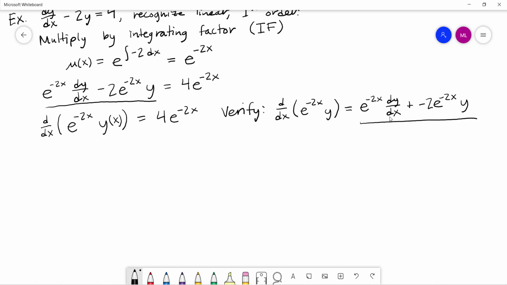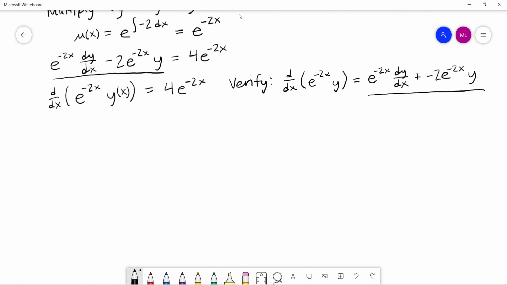So indeed, this term here is the result of product rule of this term here. And now we have something we can integrate. So I'm simply going to integrate both sides, so integrate the d dx of e to the negative 2x times y dx term. We have to integrate the other side as well.